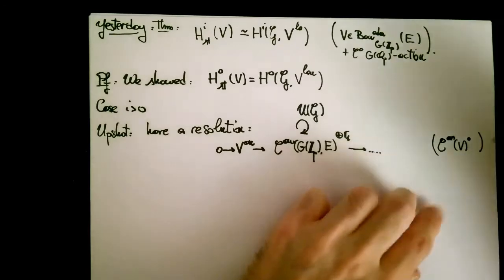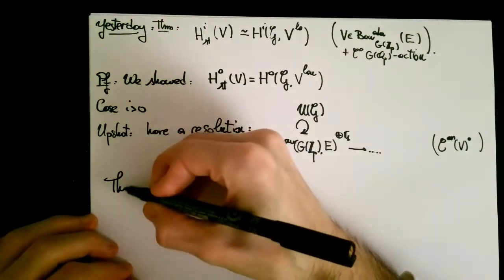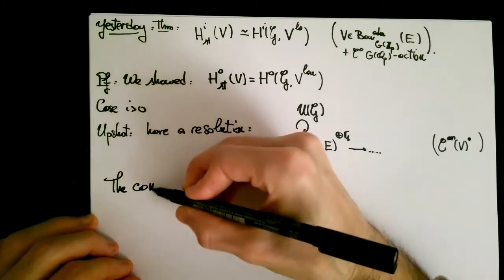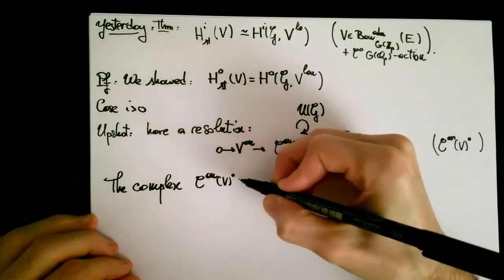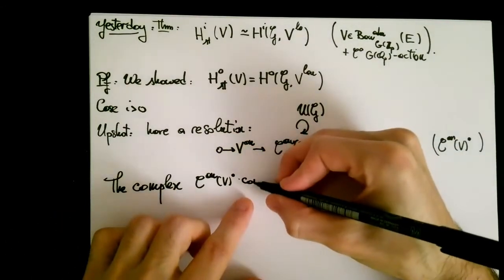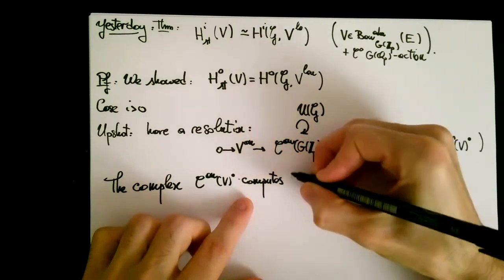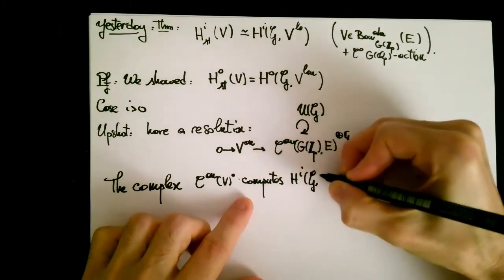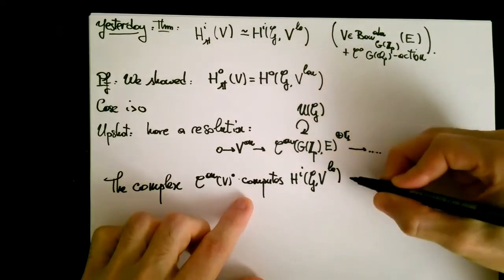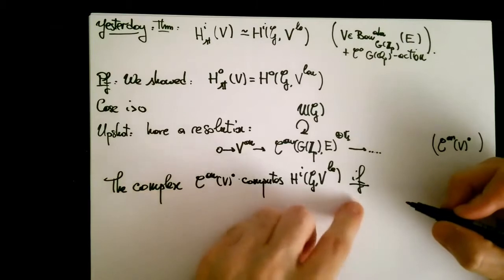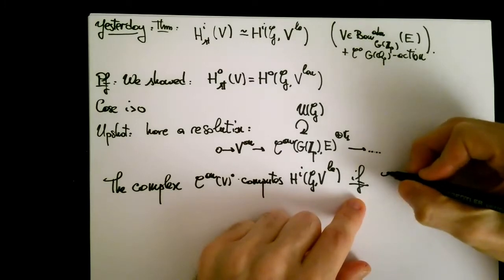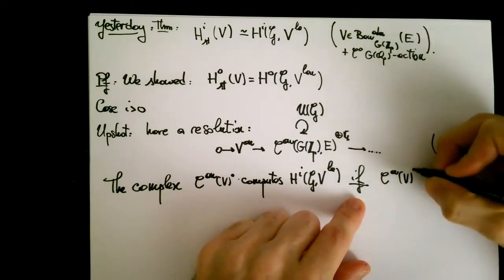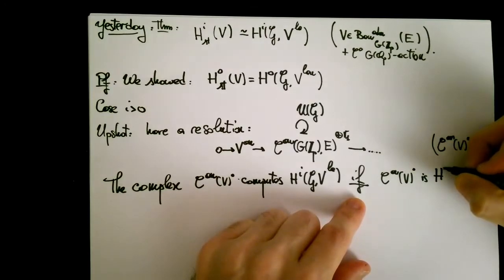This complex computes the Lie algebra cohomology H^i of V locally analytic, provided that this complex is H^0(G)-acyclic.